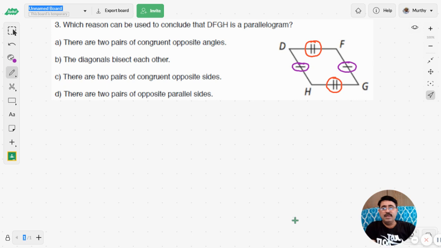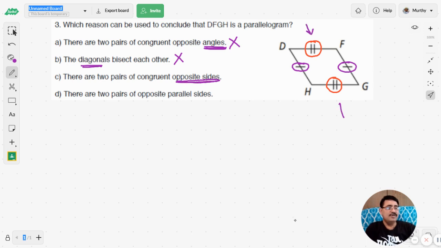So, two pairs of congruent opposite angles? No, because the sides are marked equal or congruent. The diagonals? I don't see any diagonals here. Two pairs of congruent opposite sides? Yes, I see that. Please look at the marking.